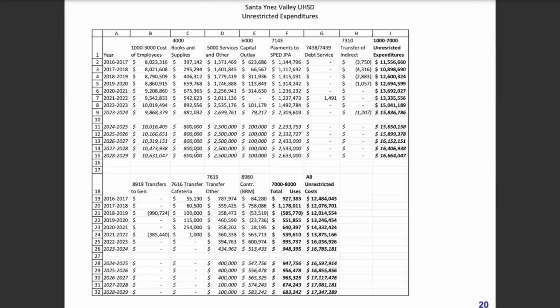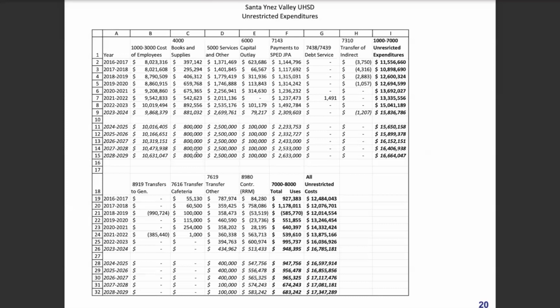We have capital outlay, which I've left at 100,000 a year, although it's more variable than that. Payments to the special education consortium are in column F. Those are accelerating per the information given to us by the consortium, although we just had an increase in that to $2.3 million for this year. So I'm expecting that the numbers below may actually be overly optimistic, unfortunately.